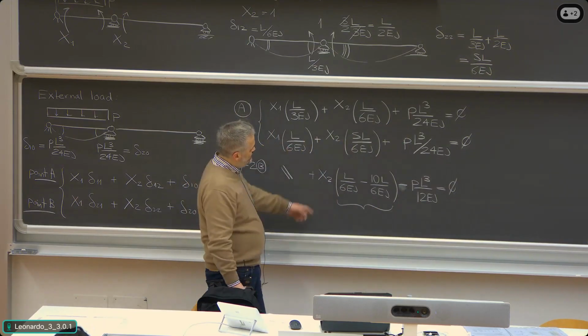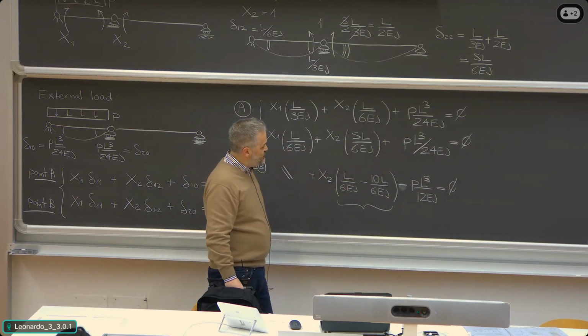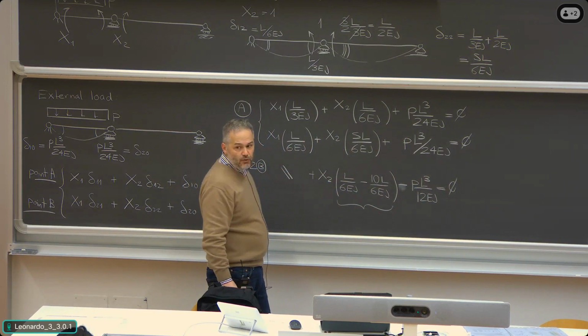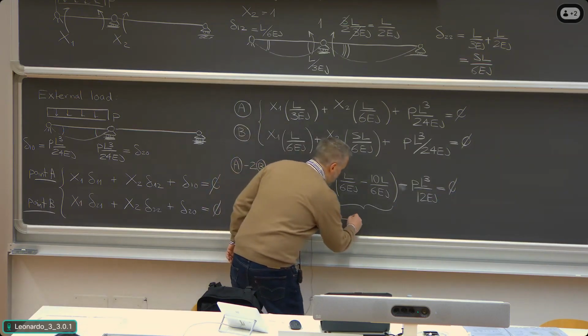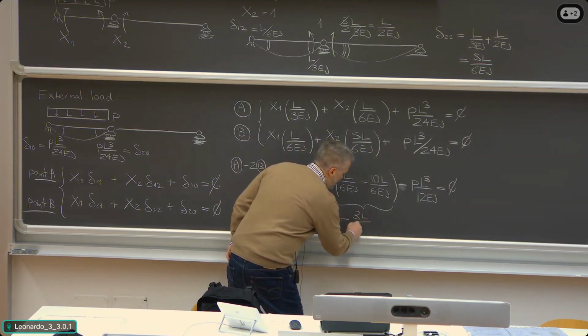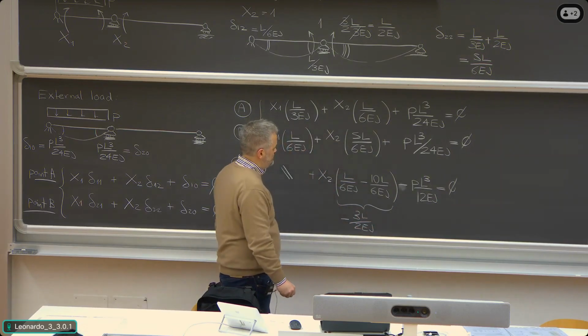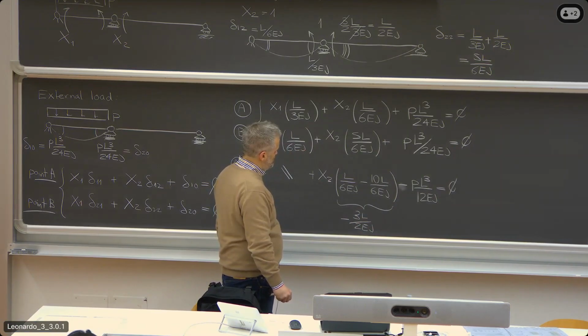It's 1 minus 10, so it's minus 9 over 6 L over EJ, which is minus 3L over 2EJ. Okay?